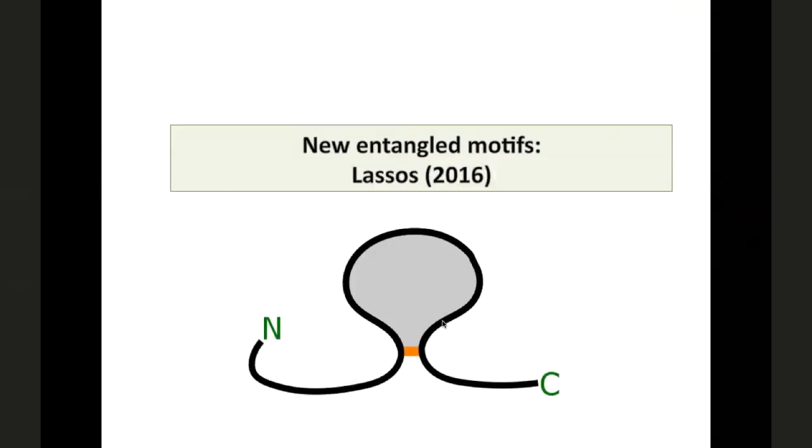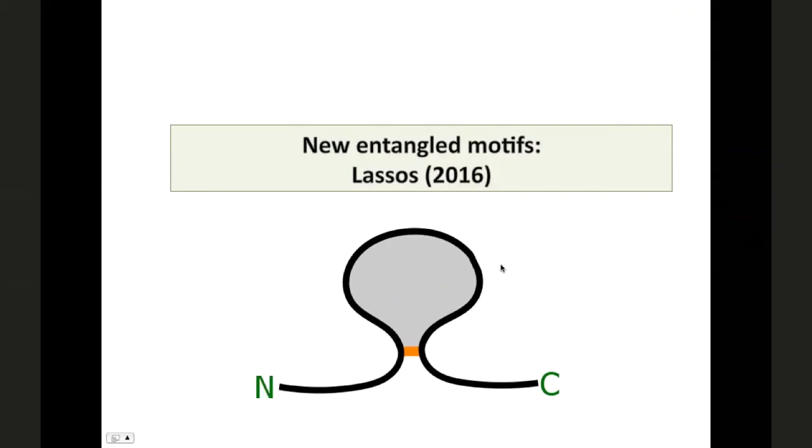So now I would like to tell you something about the Lasso proteins, which we found just 3 years ago. In this case, you can have a protein backbone that is connected by a cysteine bridge. And then you can ask the question, what is the probability that one of the tails will pierce this loop?